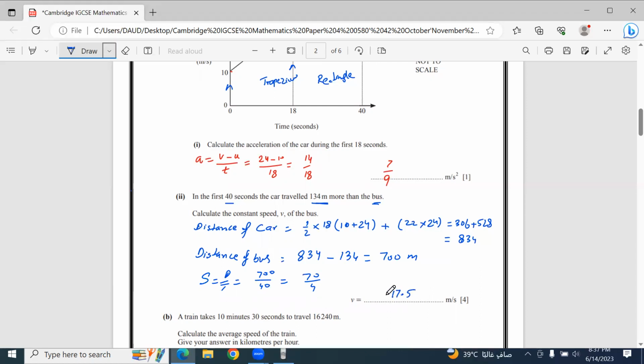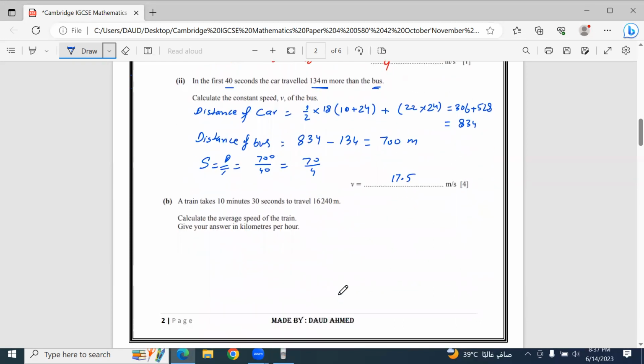17.5. Next question, which is also related to this: a train takes 10 minutes 30 seconds to travel 16,240 meters. Calculate the average speed of the train. Give your answer in kilometers per hour.